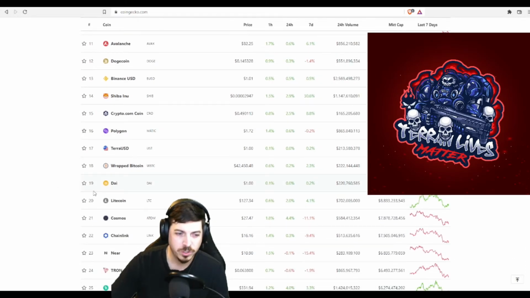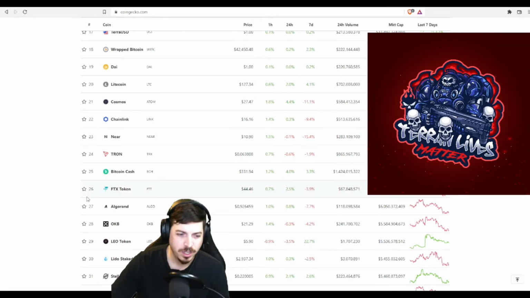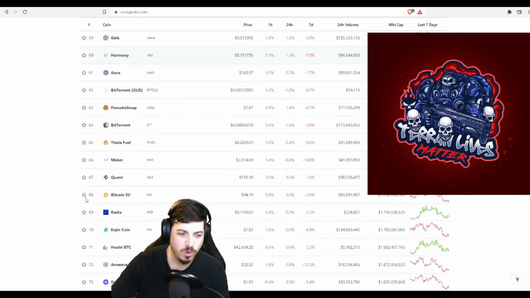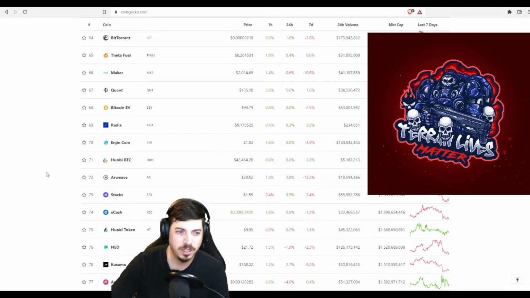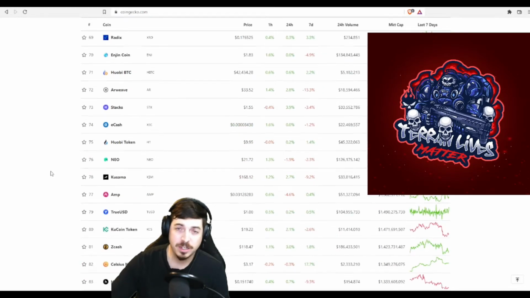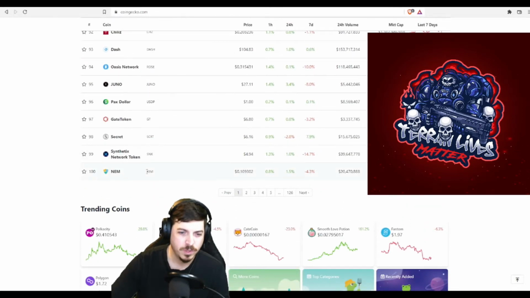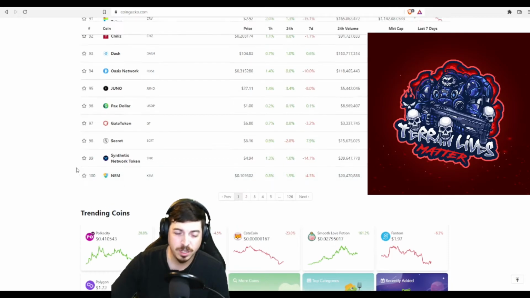So if you're scrolling through here and you see anything within the top 100 that you want to have in a bot, I would say that that is a very safe, reliable bet within the market. Anything probably within the top 2 to 300 is reliable, like a moderate risk.